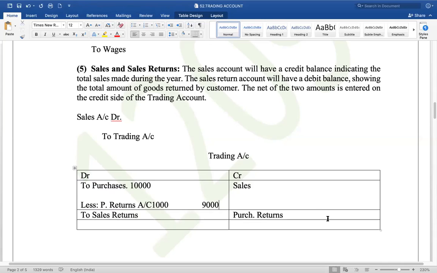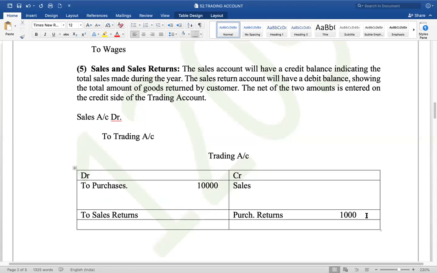Either you take purchases 10,000 and purchase returns 1,000 on the credit side.